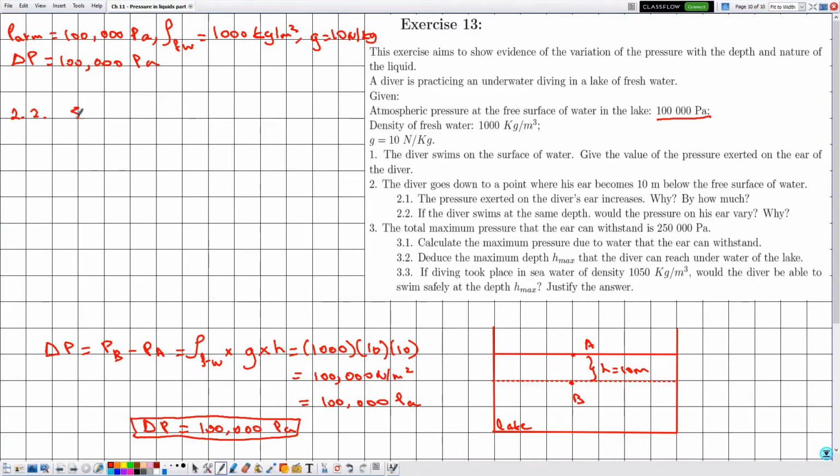So since the diver is swimming in the same liquid at equilibrium and in the same horizontal level, so with the same horizontal level, it's meant that the same depth.